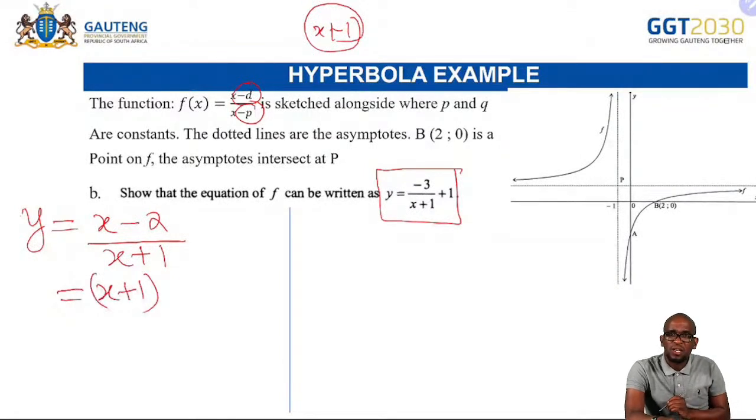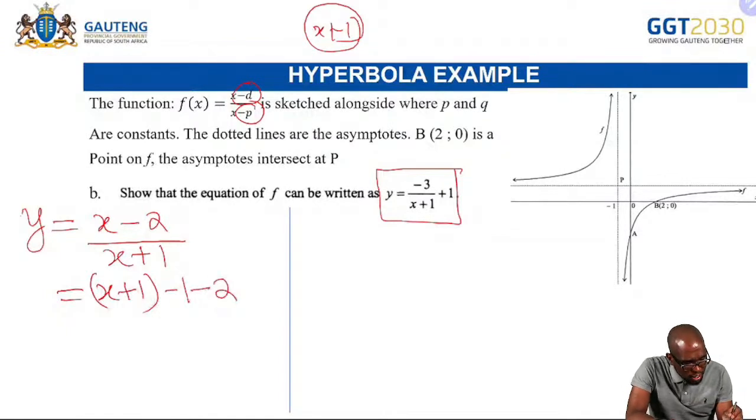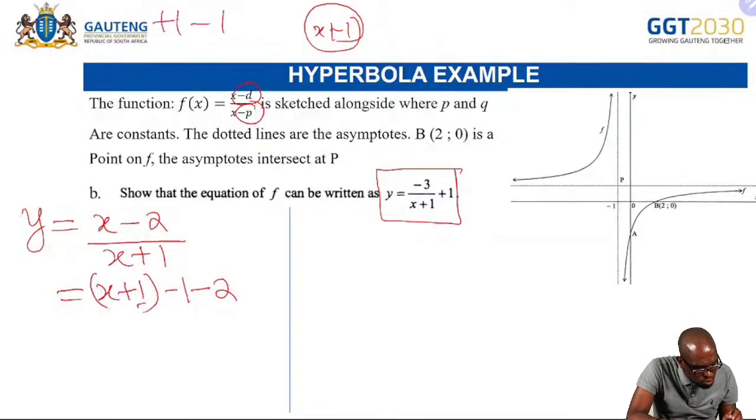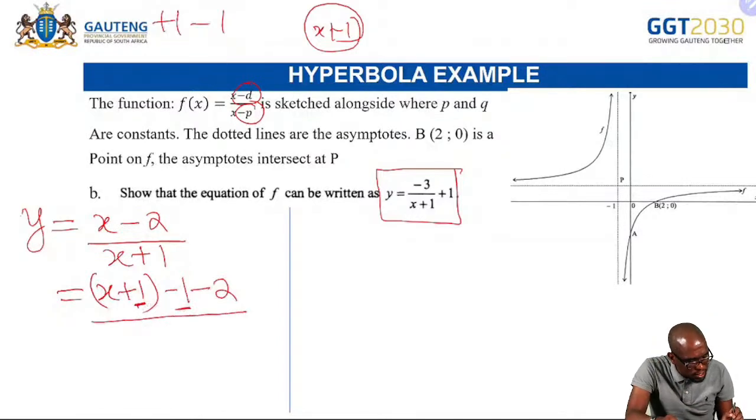When I add whatever, I would then say minus 1 minus 2. If you check, plus 1 minus 1 still gives you 0. Which means that I am actually in order. There is nothing wrong with what I did.